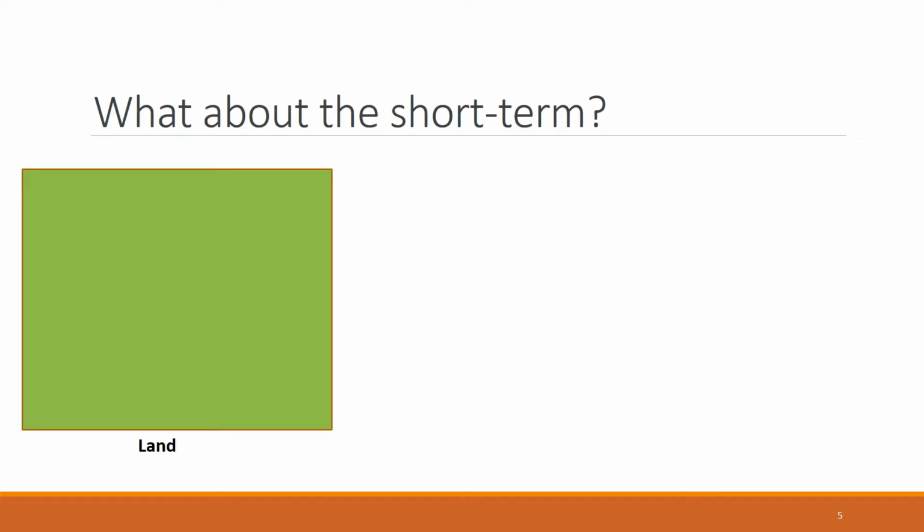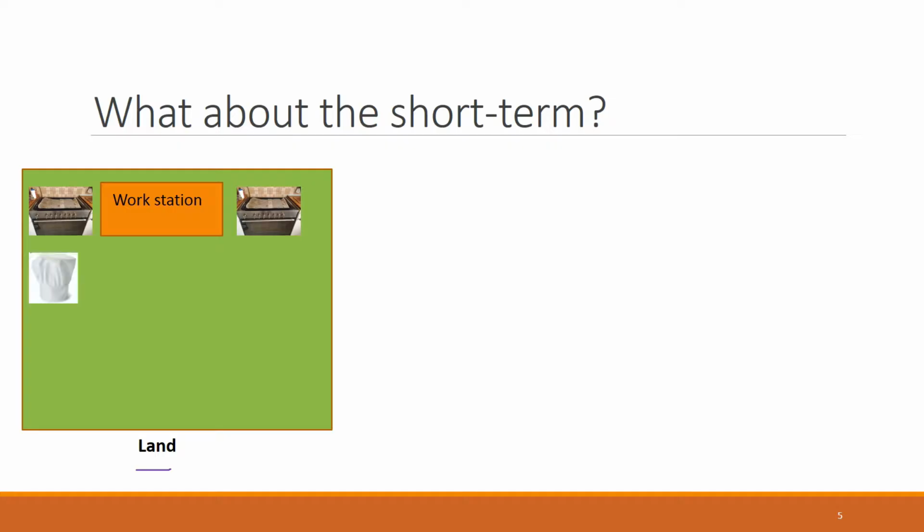Well, imagine we have our whole kitchen space here represented by the factor land, and we have our capital stock, which includes, for example, a workstation and 2 ovens. This is where we have the chopping board and food preparation. We have food processing, of course, in the ovens over here, and we have initially only 1 chef.